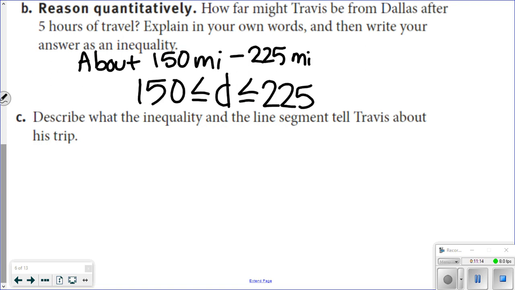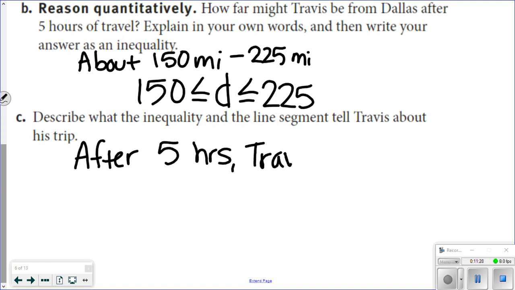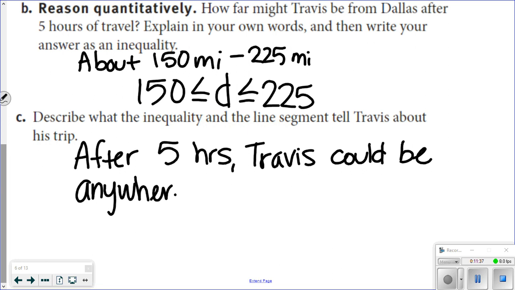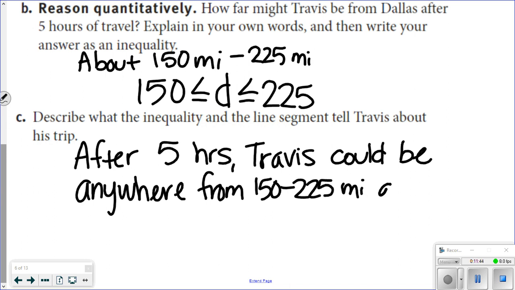Well, the points of the segment represent all distances from 150 to 225 miles. So what that means is after 5 hours of travel, Travis could be anywhere from 150 to 225 miles away from Dallas.